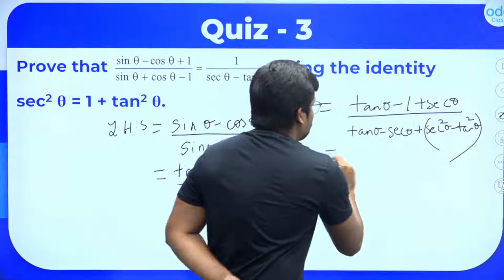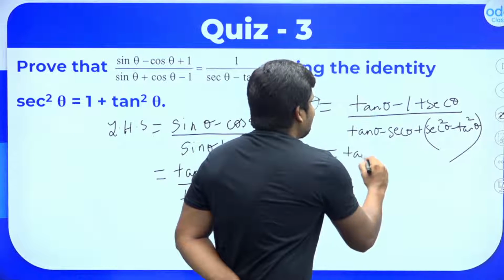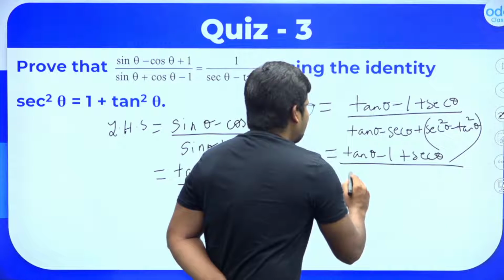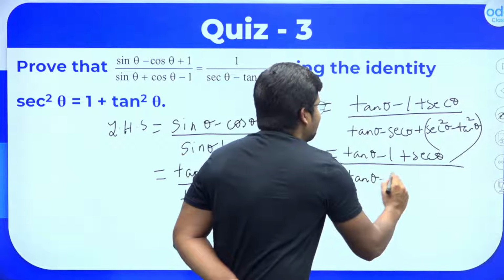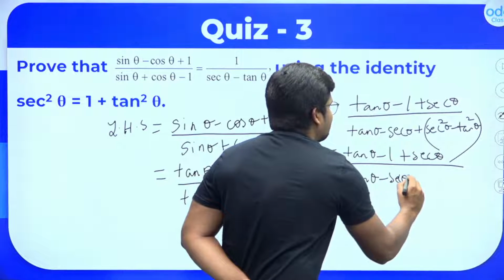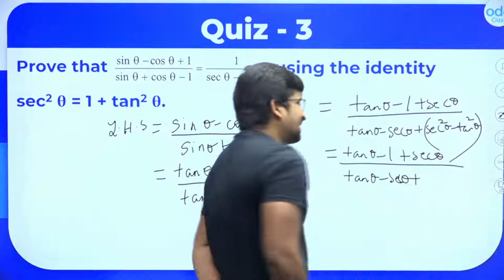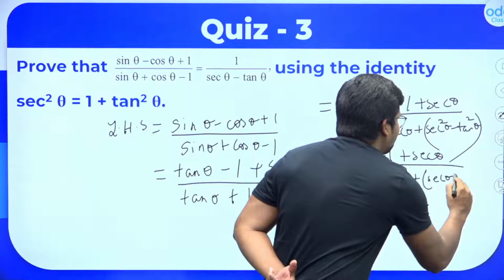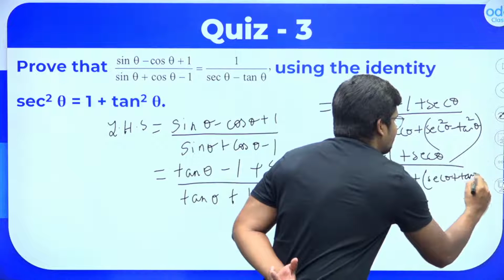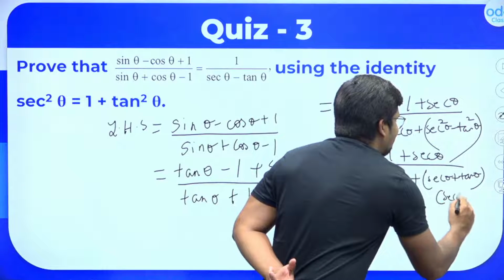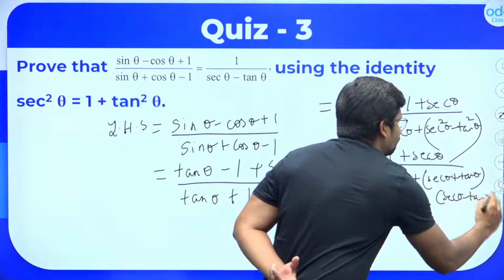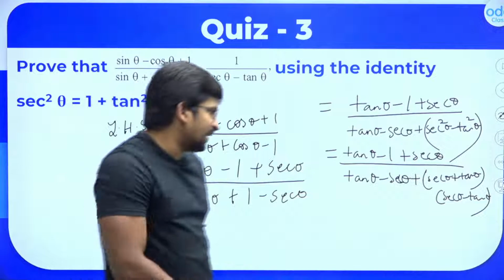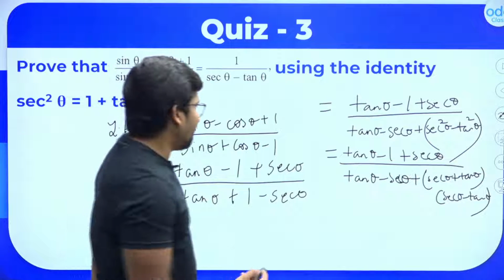So that is equal to tan theta minus 1 plus sec theta, which is the numerator, whole divided by tan theta minus sec theta plus sec square theta minus tan square theta, which is sec theta plus tan theta into sec theta minus tan theta. You can fairly write it like this because sec square theta minus tan square theta is sec theta plus tan theta into sec theta minus tan theta.